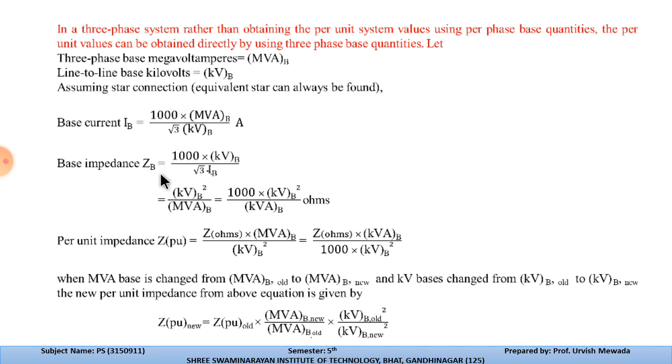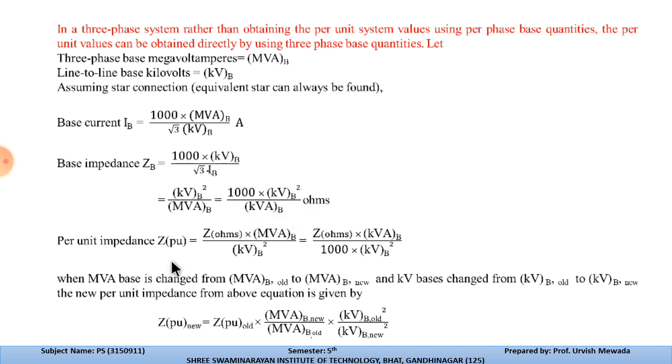So ZB is nothing but 1000 into KV base divided by root 3 into I base. This is nothing but V upon I. So KV base square divided by MVA base. By placing these values we will get 1000 into KV base square divided by KVA base ohms.